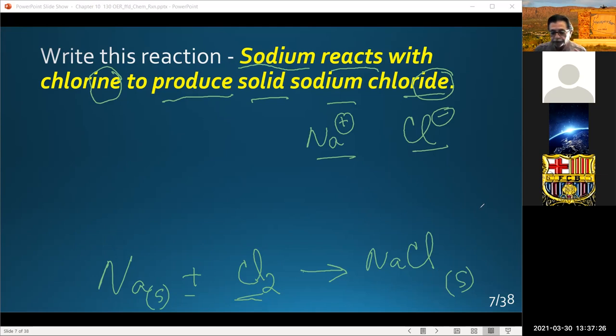We got the product. And now we've got to balance it. So we write the formula, and we balance it. We've got 2 chlorines on the reactant side, but only 1 on the product side. If we put a 2 there, that definitely would take care of the chlorides, 2 of them. They're balanced, but then I've got to run back and put a 2 in front of sodium because I kicked up my sodium count.